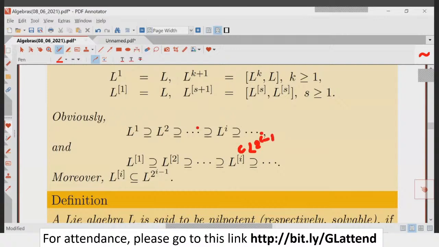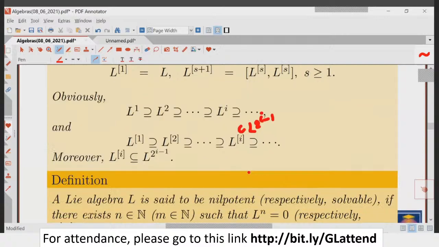If this terminates, its result goes to 0, so this series also must go to 0, because terms of these inclusions are inside the terms of those inclusions. If this goes to 0, this definitely will go to 0. So that's why any nilpotent algebra is soluble. A soluble algebra is not necessarily nilpotent.